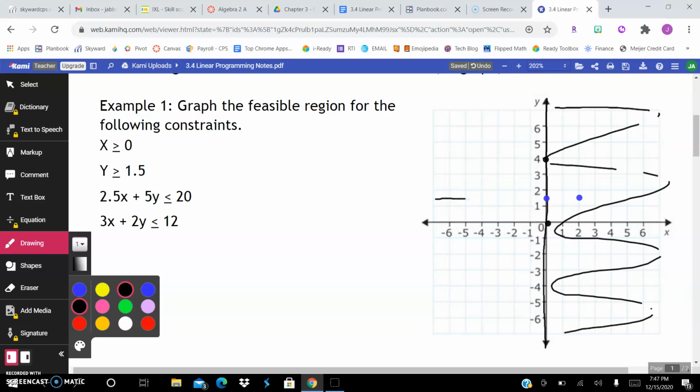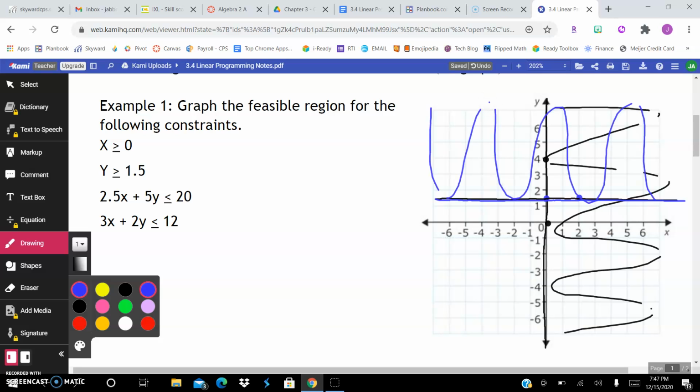Then we draw this line, and again it's underlined, so it gets a solid line. And y is greater than 1.5, so that is talking about that region up there.